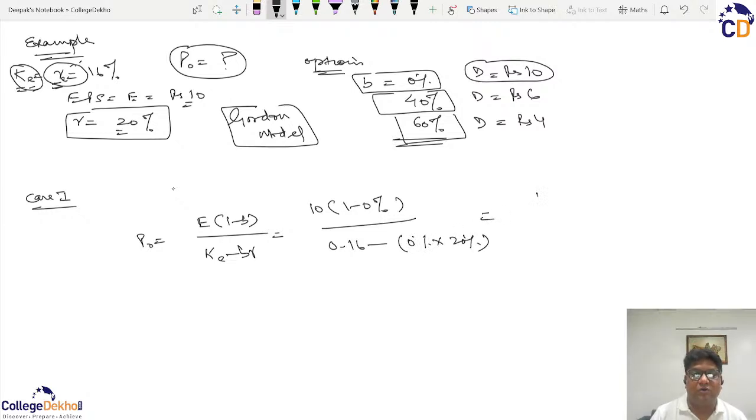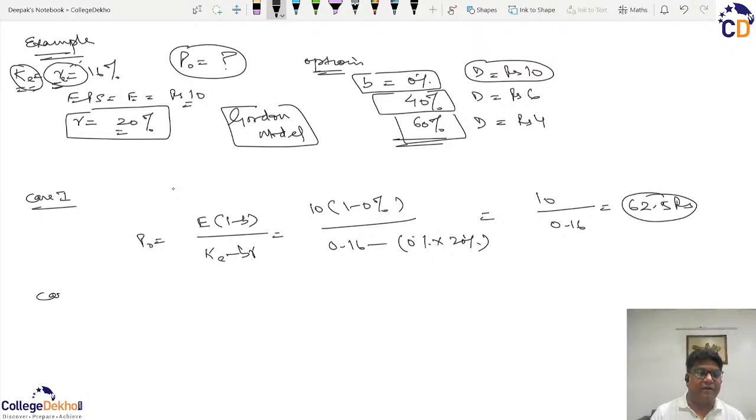So this will come out to be 10 upon 0.16. So the figure will be 10 divided by 0.16. That is, the market price will be rupees 62.50.